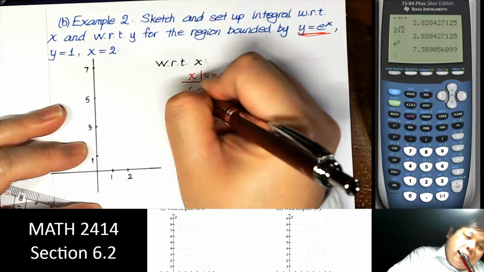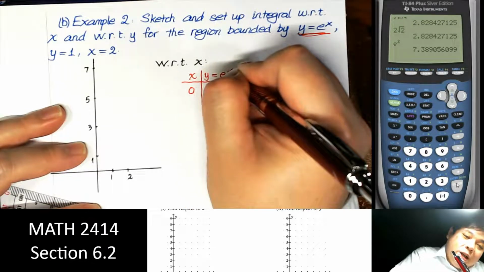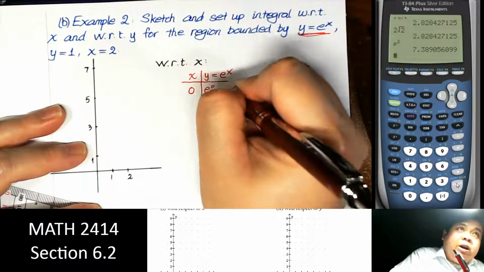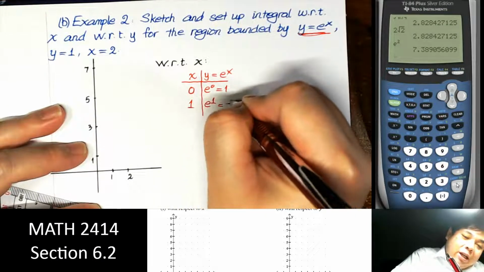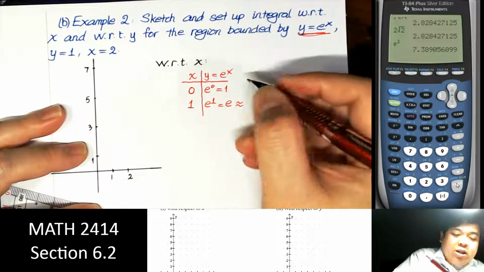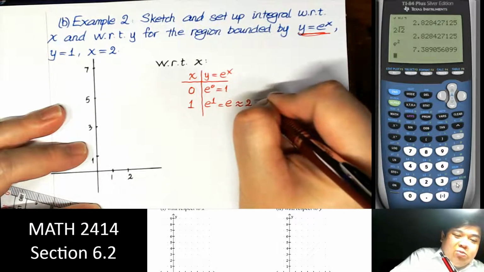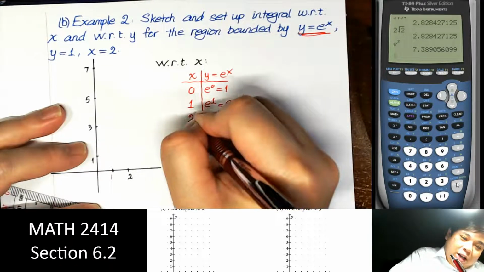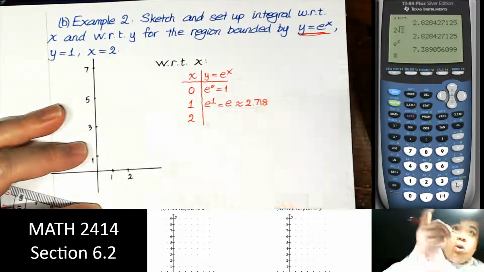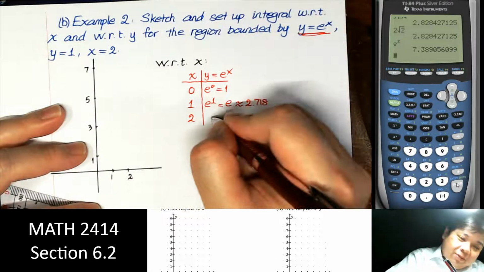When x equals 0, y is e to the 0 power, which is 1. When x equals 1, e to the first power is e, which is 2.71828. And when x equals 2, we just did 7.4.